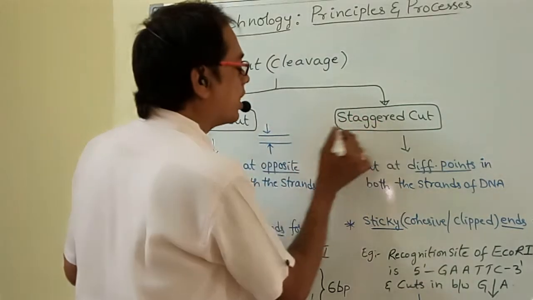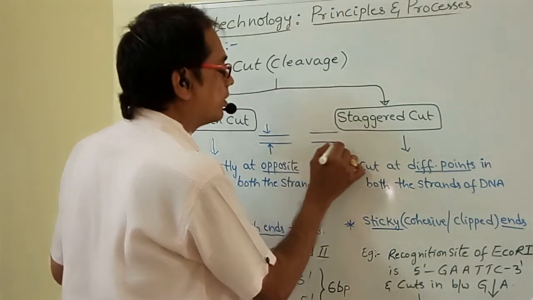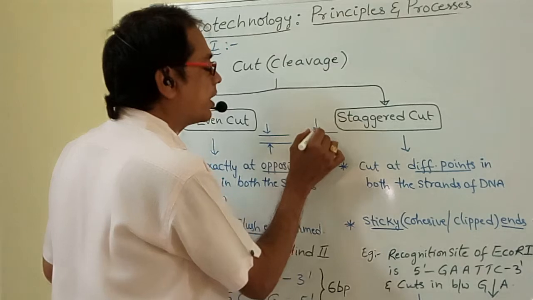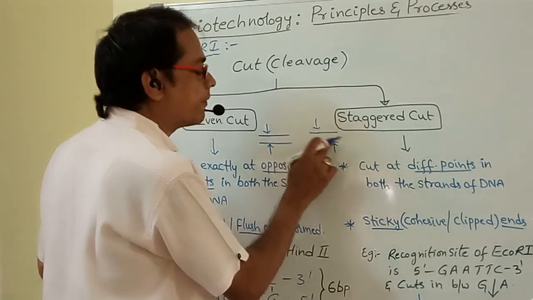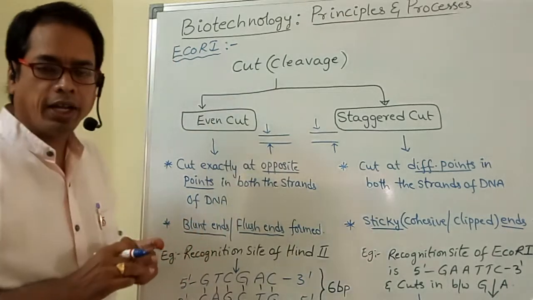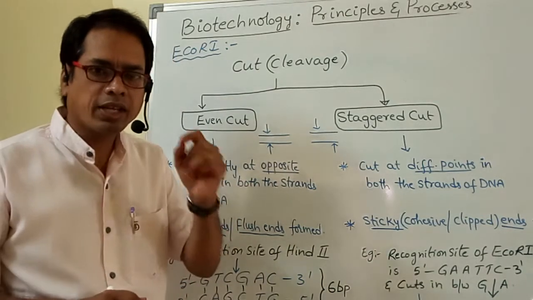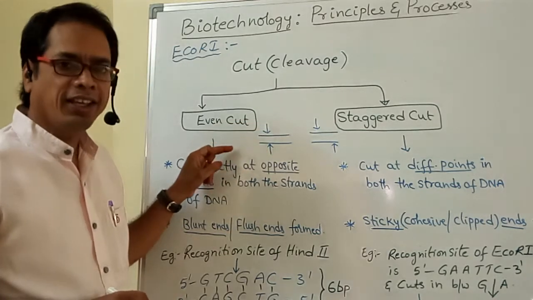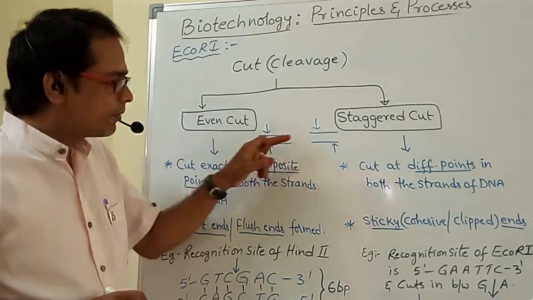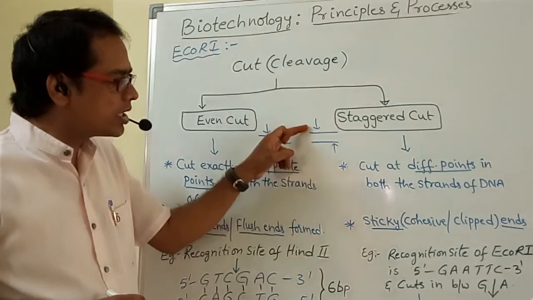Whereas in staggered cut, cutting occurs at different points within the DNA.